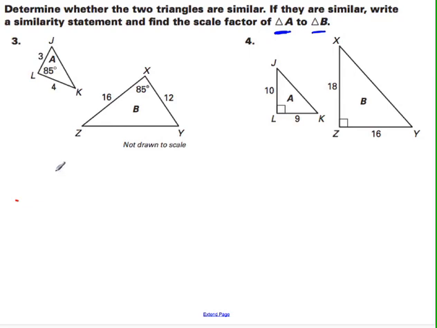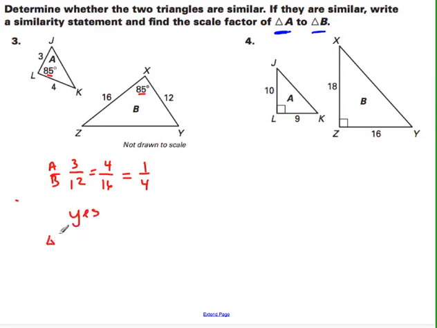It says determine if these are similar. What I like to do is look at the 85 degrees, and compare the corresponding parts here. I'm going to look at triangle A to B. From A, I would have the 3 over the 12. Is that equal to the 4 over 16? Yeah, those simplify down to 1/4. So I'm going to say yes, these are similar. And then I need to write a similarity statement.